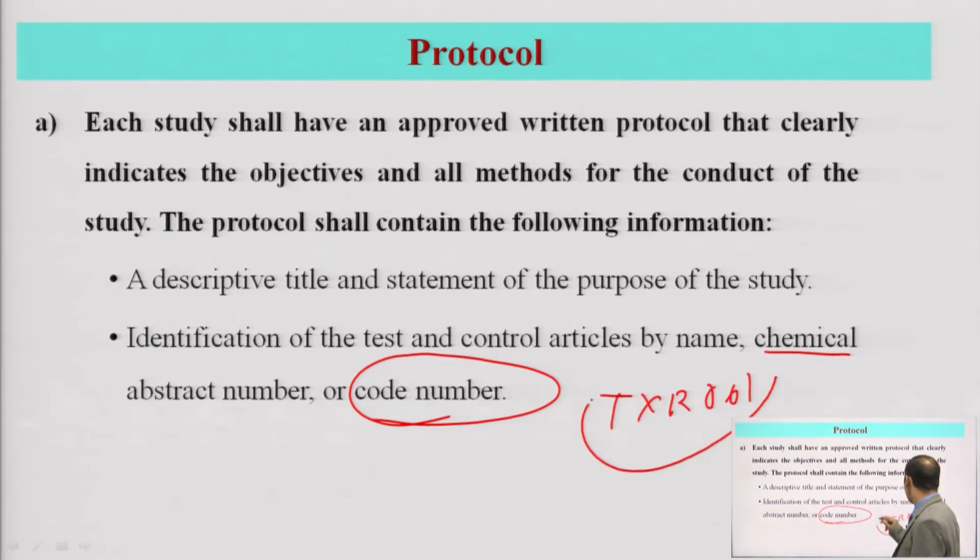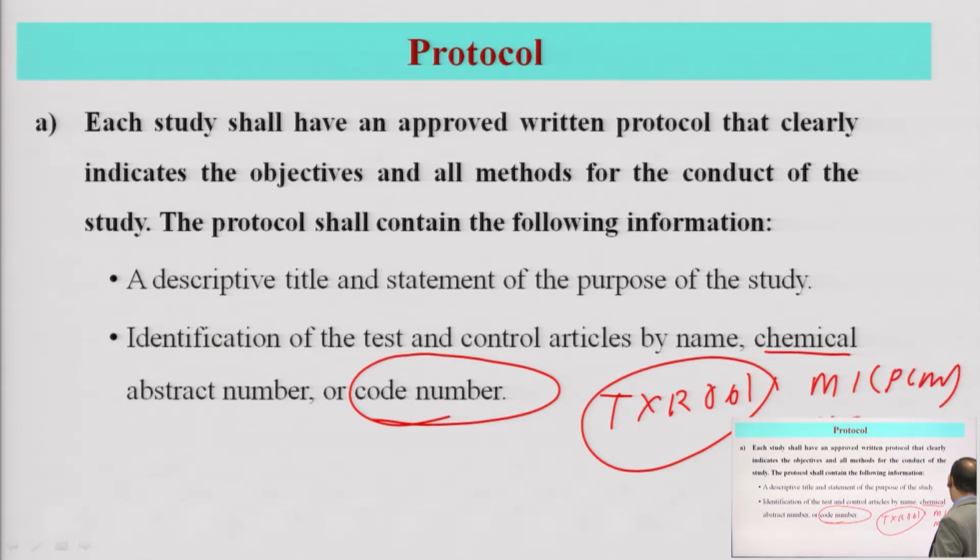TXR001. Who will be able to know about this? You have, for example, 3 molecules, molecule number 1, molecule number 2, molecule number 3. For example, molecule 1 is paracetamol, molecule 2 is ibuprofen, molecule 3 is, for example, amoxicillin. So, you have given some code.